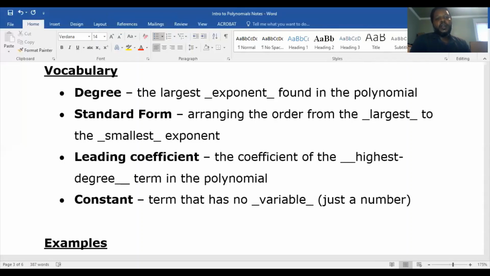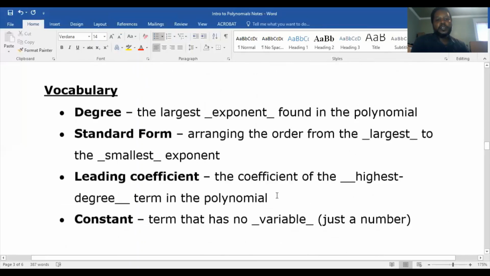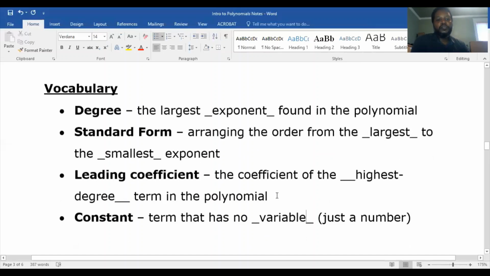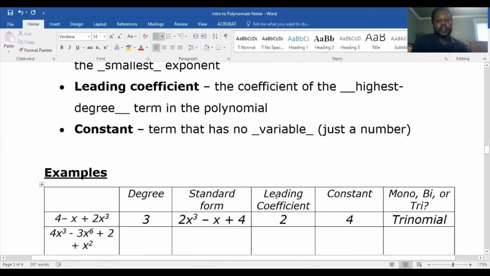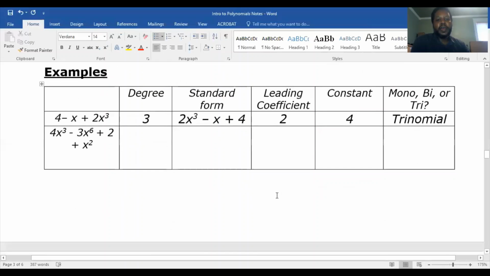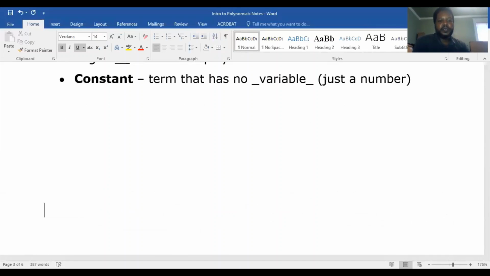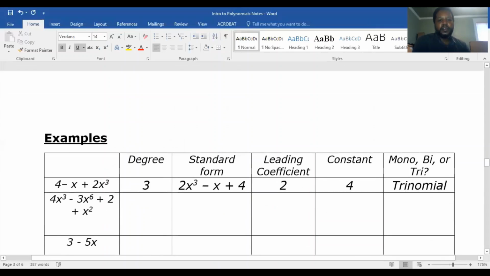All right. Okay, so now with this vocabulary, it should be easier for us to work through some problems to figure out the different kinds of polynomials we have. So let's try it. We have some examples here. And I'm going to rearrange my notes a little bit so it's all on the same page.